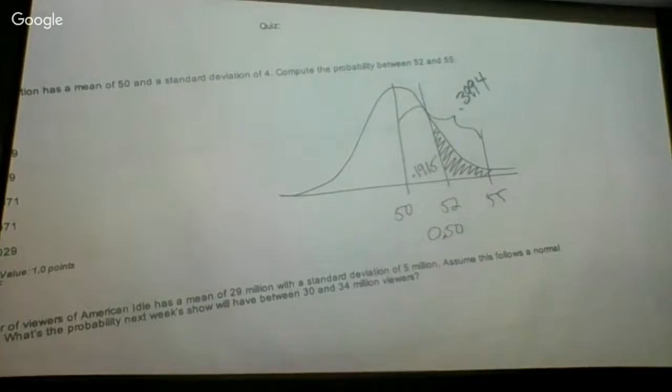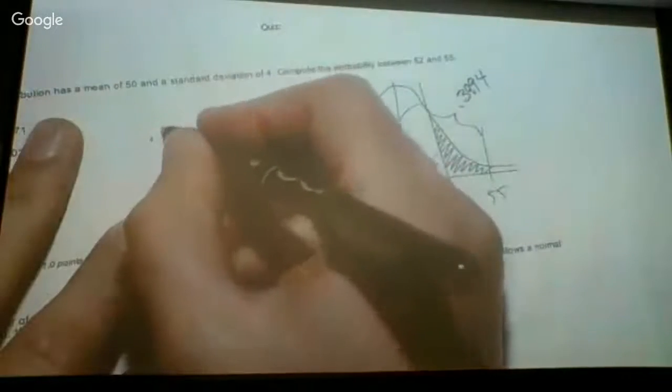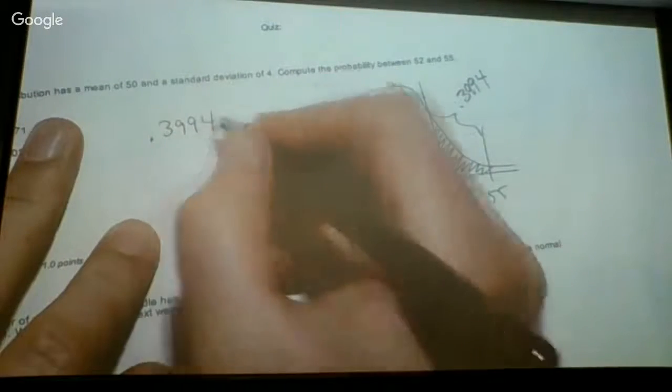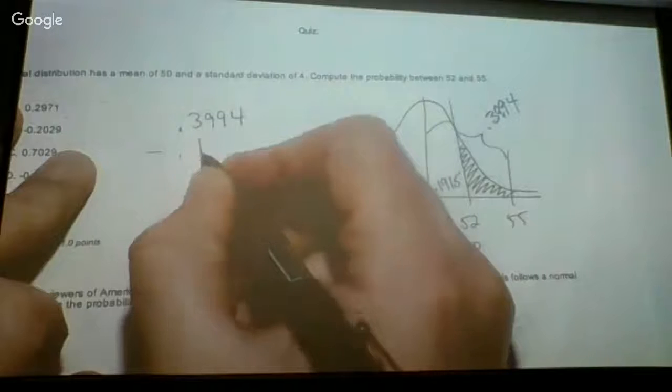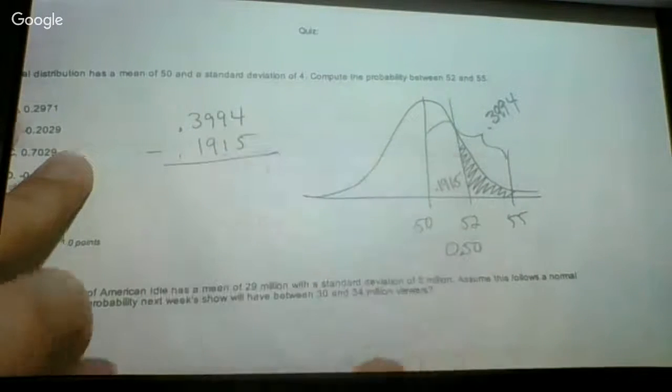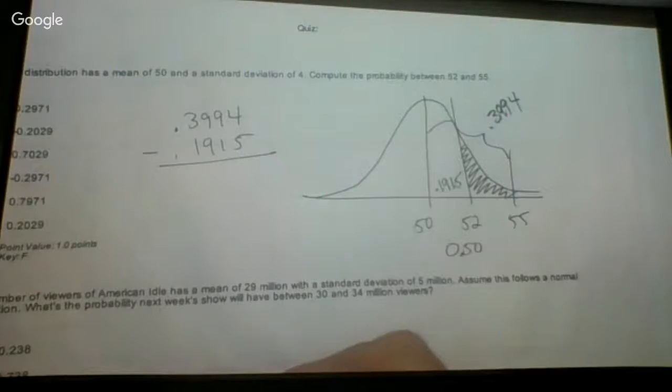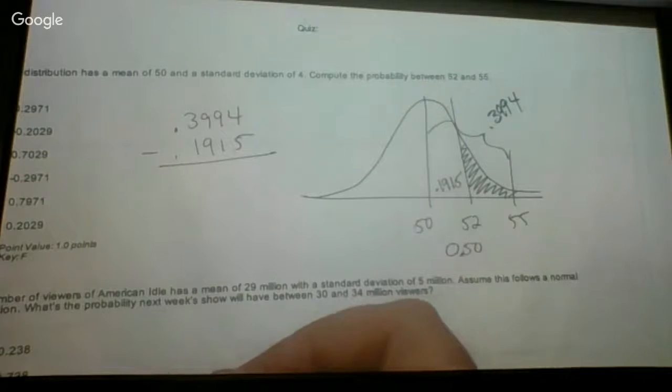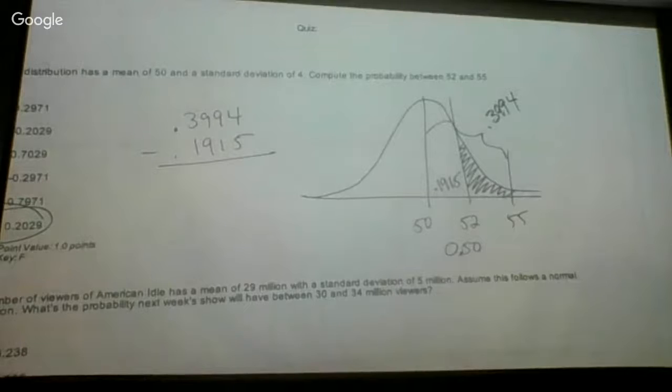Subtract 0.1915 from 0.3994. That should get me something on the order of 0.2. Rather than do the math, I'll just base it on what I see here.